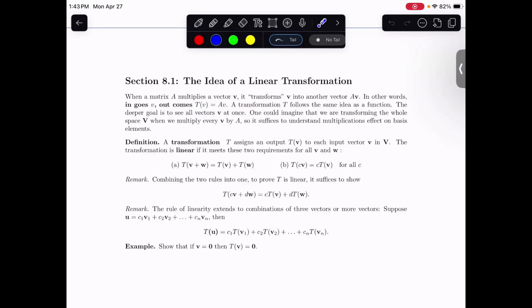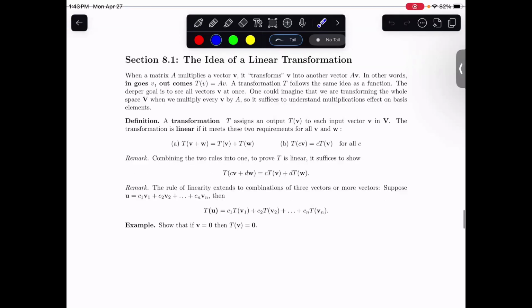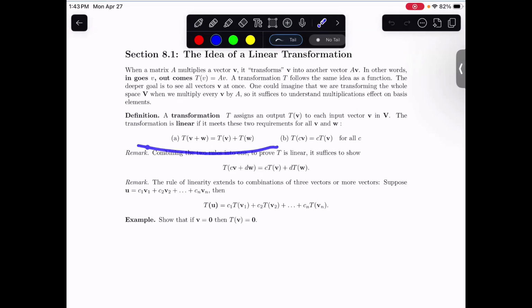A transformation T follows the same idea as a function. The deeper goal is to see all of the vectors at once, which can be expressed as matrix multiplication. Our definition is related to this idea, where we can think of A times V as some sort of function applied to your vector.